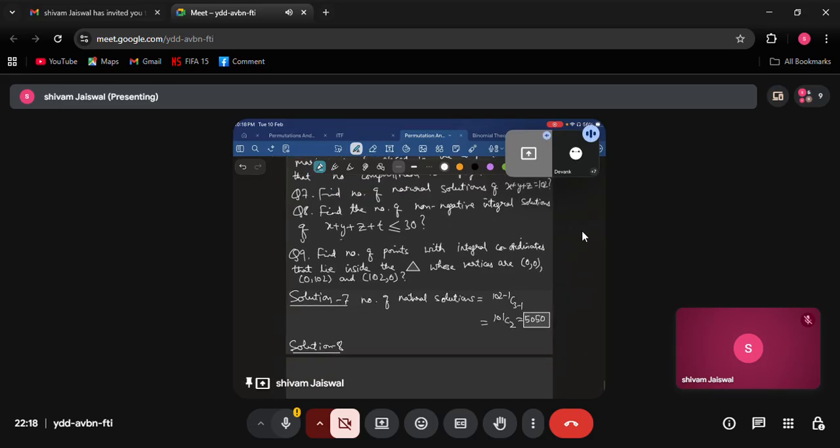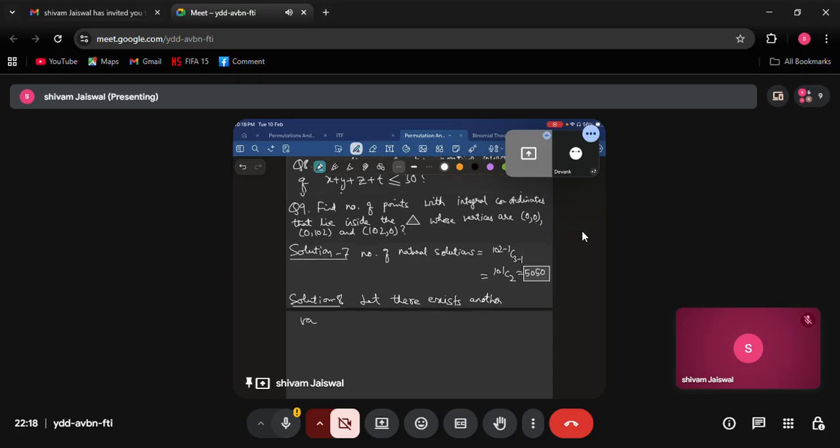It is x plus y plus z plus t is less than or equal to 30. Let there exist another variable p such that x plus y plus z plus t plus p is equal to 30.